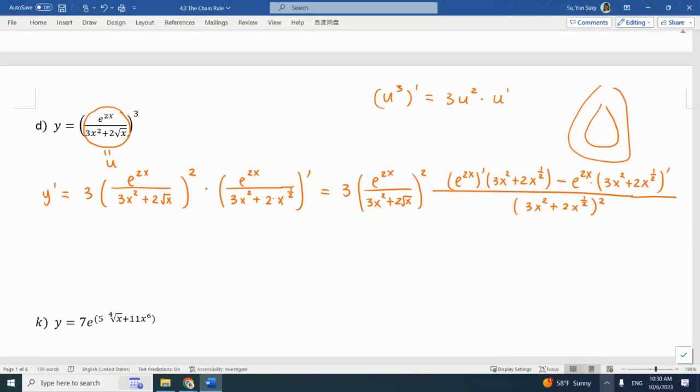See, every step we just do one thing, and we look from the outside to the inside. So next step, copy it. Only differentiate the factor with the prime. So we have 3 e to the 2x over 3x squared plus 2 square root of x, squared.